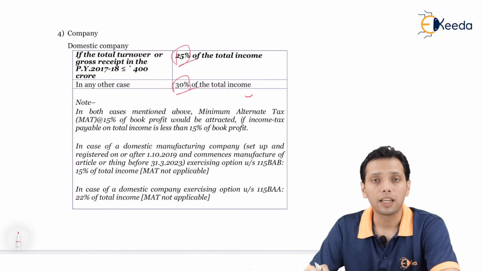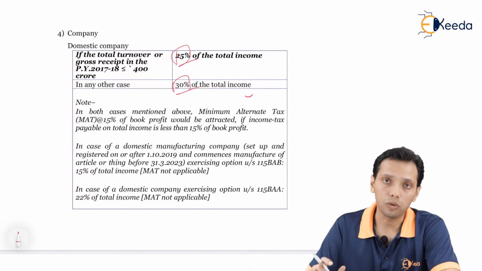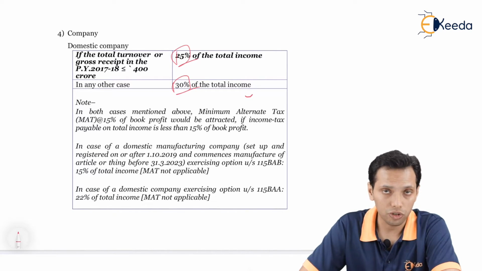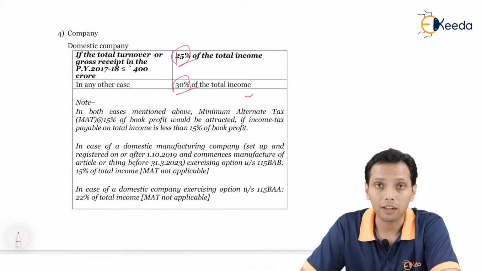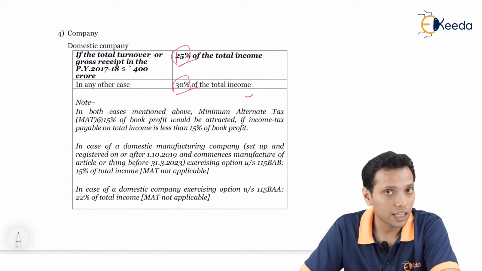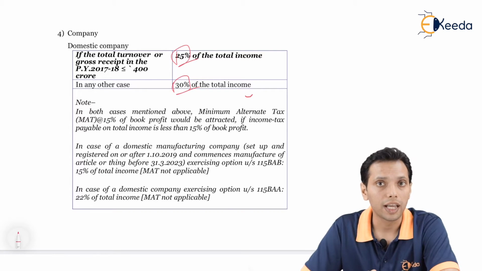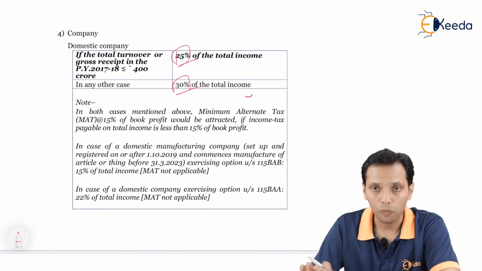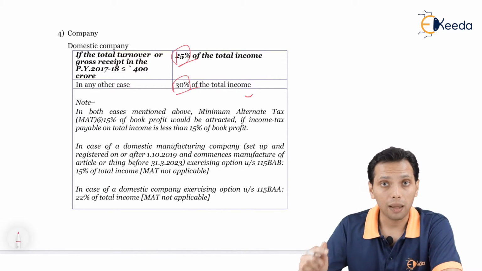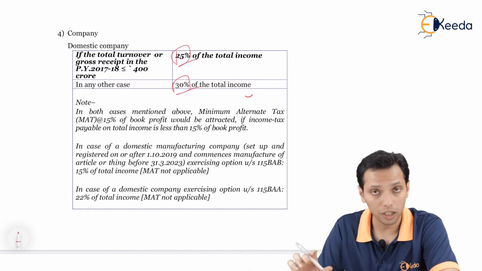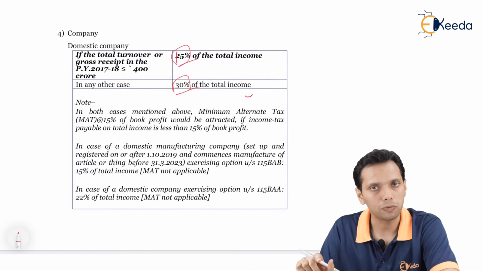And in this case, minimum alternate tax is applicable to the company, in which case the income tax provision and the tax as per MAT or minimum alternate tax are compared, and if the tax as per income tax provision is less than the tax payable as per MAT provision, then the ultimate tax liability will be determined as per MAT provisions. So MAT applicability, minimum alternate tax, is applicable to these entities in both the cases, and the rate of tax is 15%.